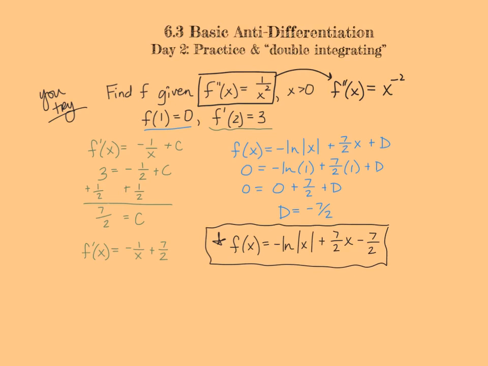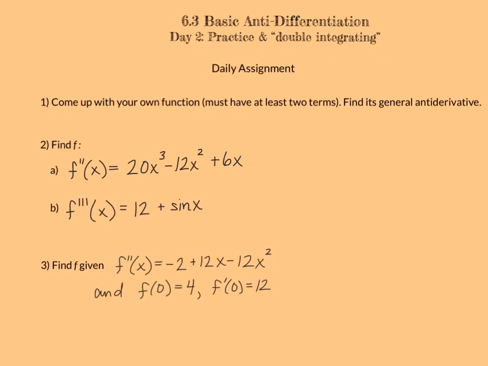Your homework today is going to be kind of a mix of the past 2 days, basically, of taking the antiderivative, and you'll find that on the next slide. Okay, guys, here's your assignment for today. The first one has you coming up with your own function that needs to have at least 2 terms, and to find its general antiderivative, so you'll have a plus c in there.